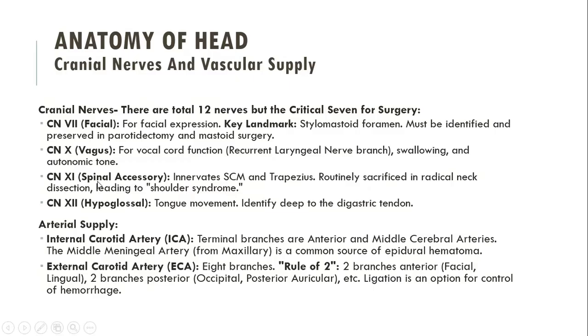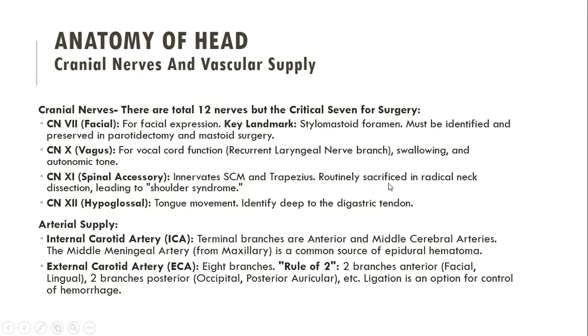Facial nerve you must be identifying during these surgeries. Another is cranial nerve 10, the vagus nerve, which has a function for vocal cord function, and it has branches like the recurrent laryngeal nerve, and it functions in swallowing and autonomic tone. The other one is cranial nerve 11, the spinal accessory nerve, and it innervates the sternocleidomastoid muscle and trapezius muscle.